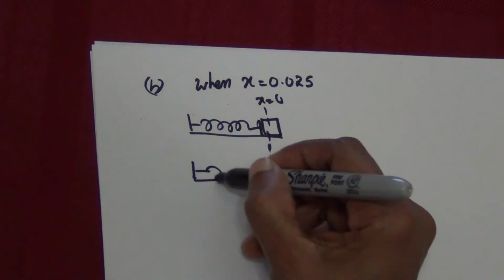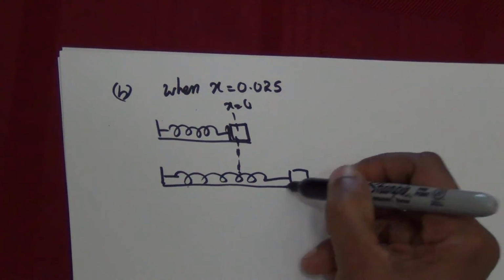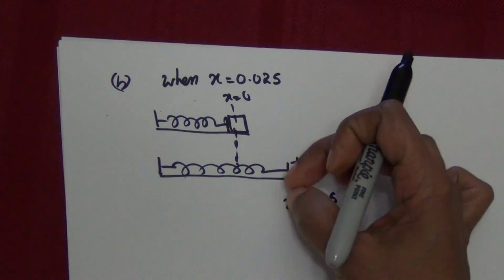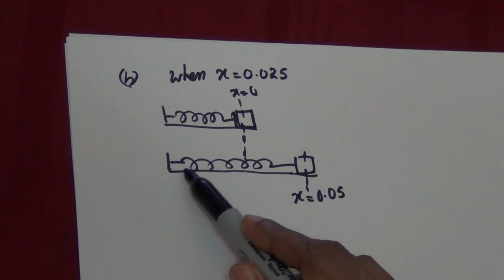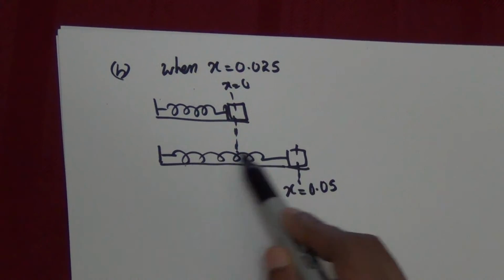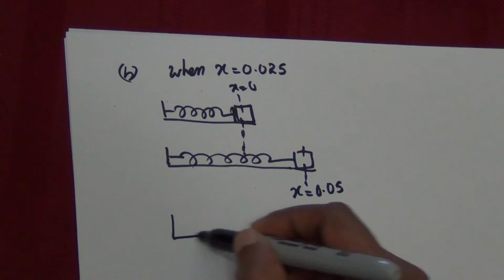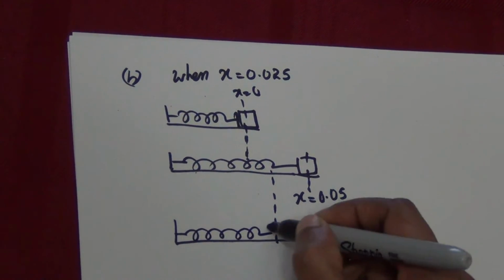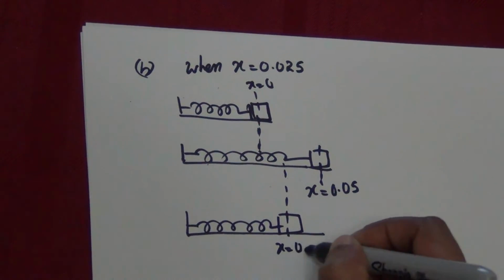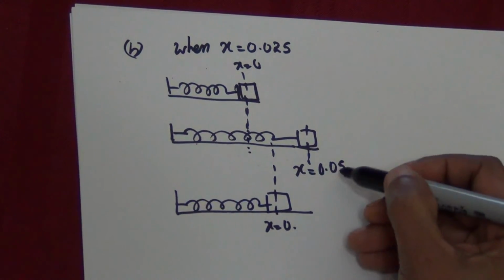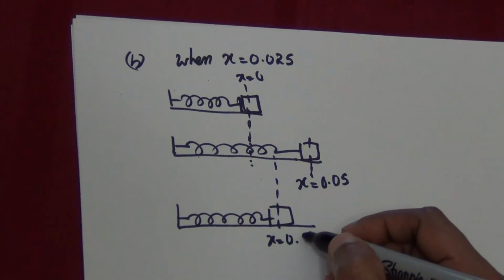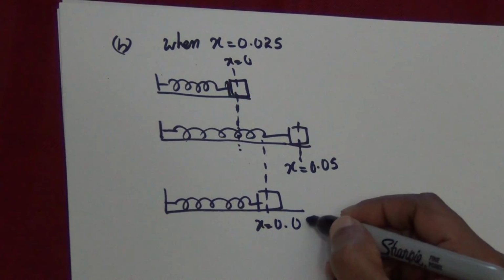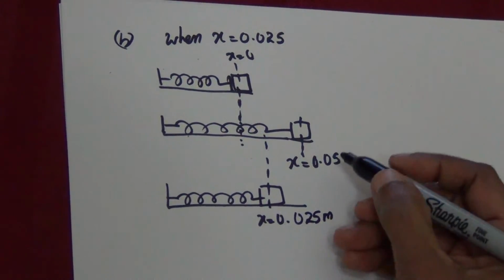And initially it is stretched to x is equal to 0.05. Then when they leave it, it will move like this. But the question in part B is when it is at x equal to half of this length. So this is x equal to 0, x equal to 0.05, and this is 0.025 meters. So we have to find the speed here.